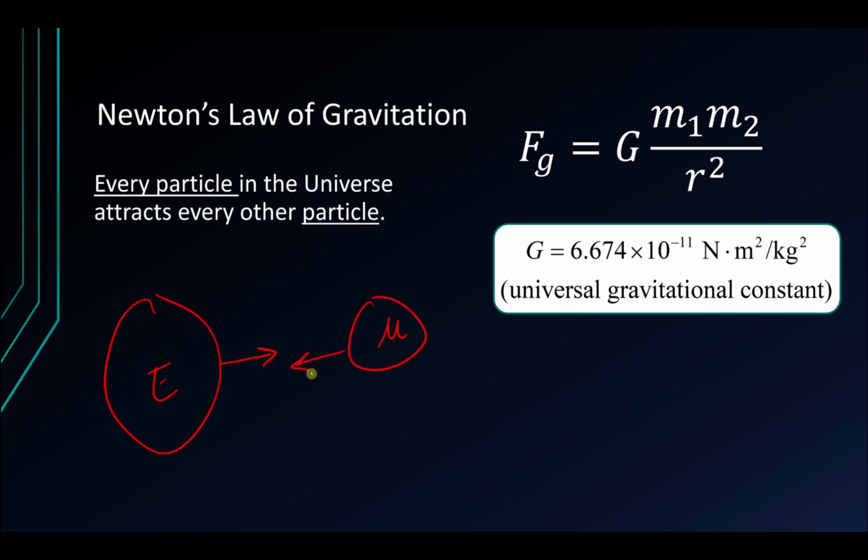So we have this law of gravitation. We have the mass of object 1, this could be the moon, and the mass of object 2, this could be the Earth. R is our distance between them. And then we have this G. This G is our universal gravitational constant. So what this gives us is the force acting between these two objects.